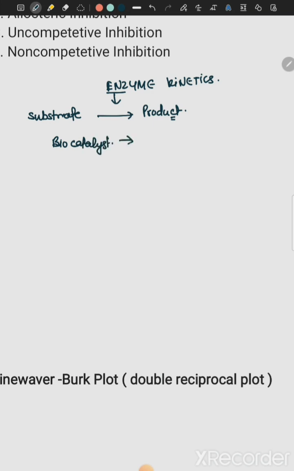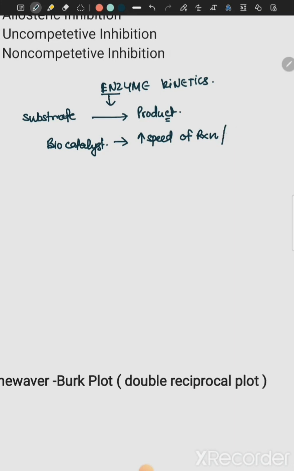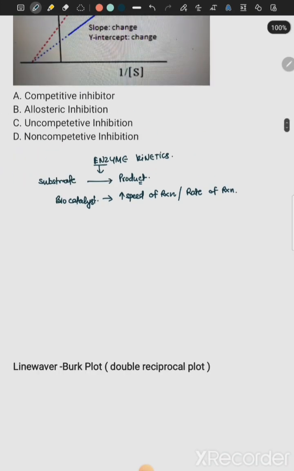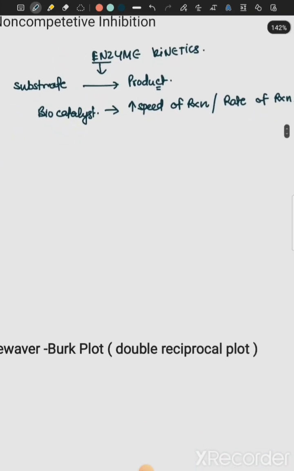What it does is increase the speed of reaction, or you can say the rate of reaction. So in enzyme kinetics, we are mentioning a biological compound which is directly interacting with the speed of reaction.